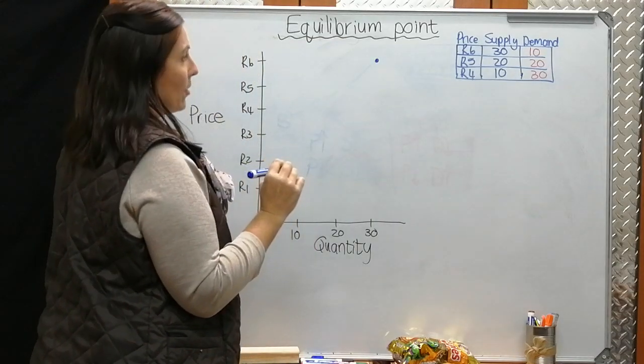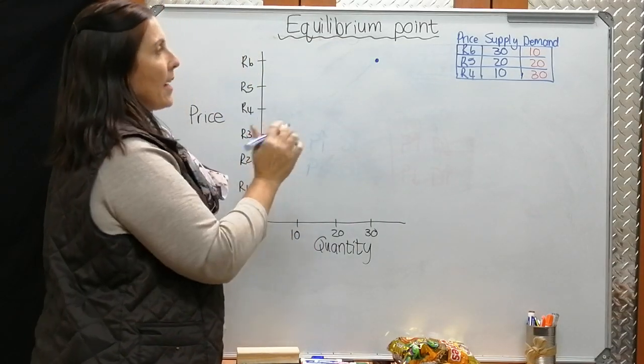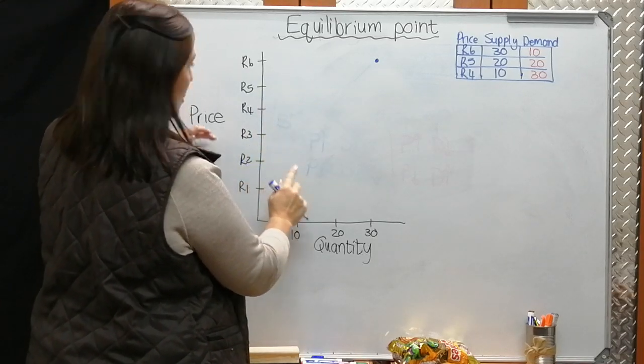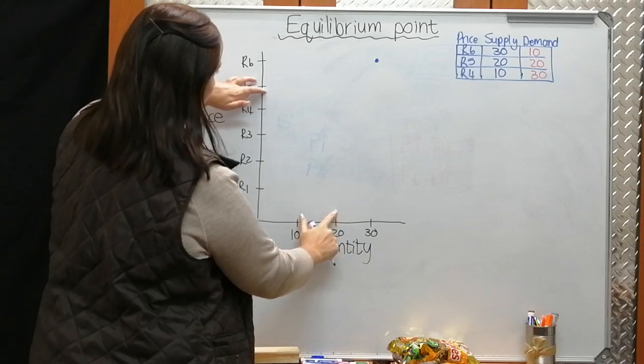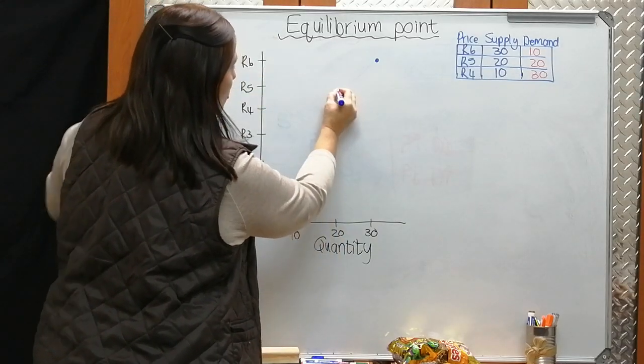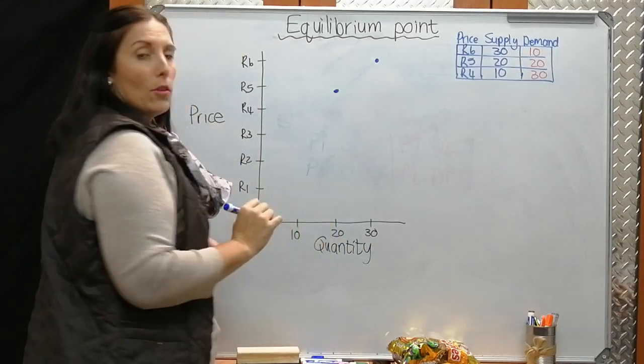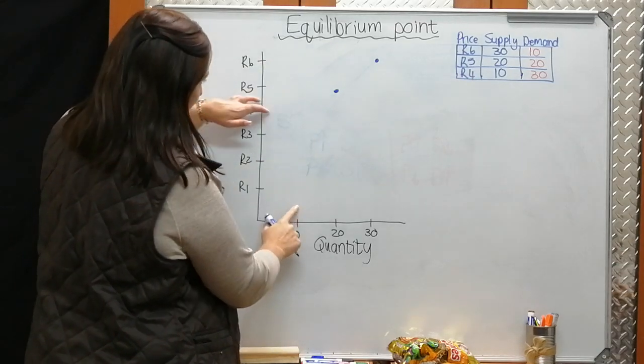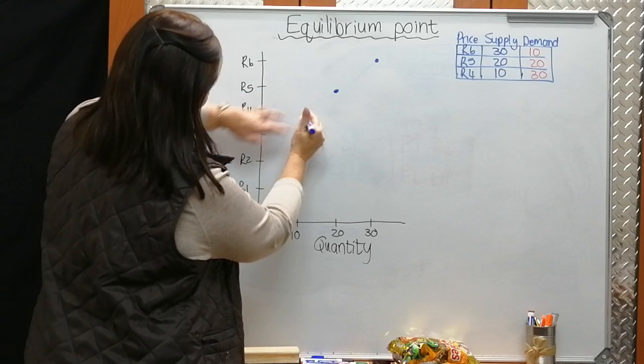That's 6 Rand at 30 packets. At 5 Rand, the supplier was happy to supply 20 packets of chips. You're obviously going to do it with your ruler, ne? And then at 4 Rand, 10 packets of chips.